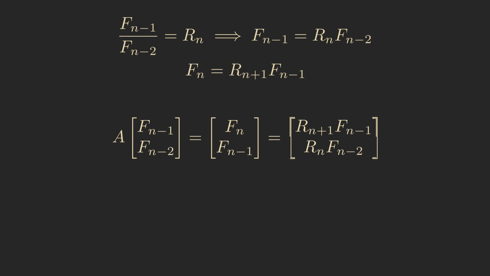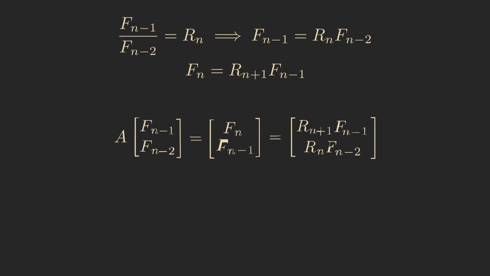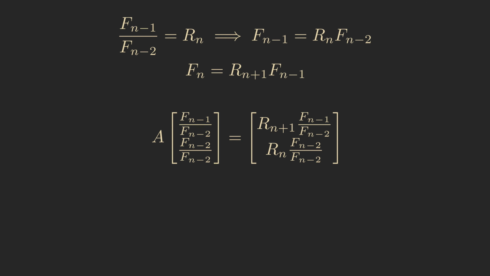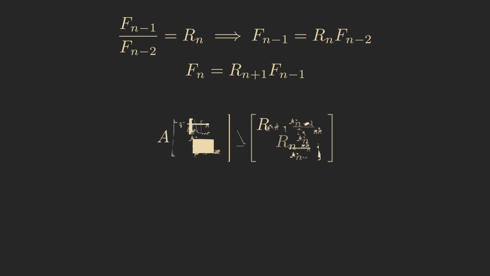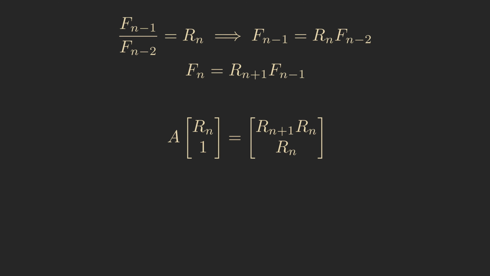And plugging things in, we get (R_(n+1) times F_(n-1), R_n times F_(n-2)). Dividing both sides by F_(n-2) and doing some cancellation, we get A times (R_n, 1) equals R_(n+1) times (R_n, 1).